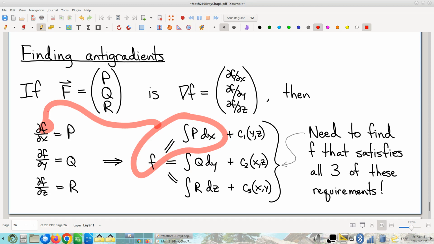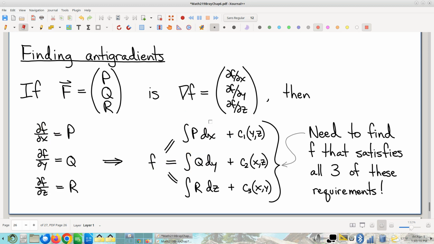Whenever I add a constant, the x partial is still P. But more than that, because we're taking an x partial, not only do constants not make any difference, any function that doesn't have any x's in it also will have x partial equal to 0 and will not make any difference. So for analogous reasons, f could be the antipartial that you find plus any possible function of y and z.